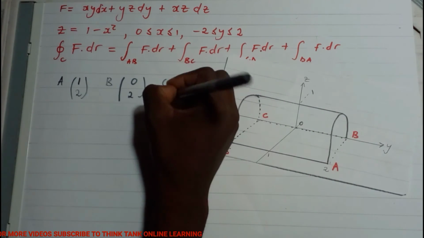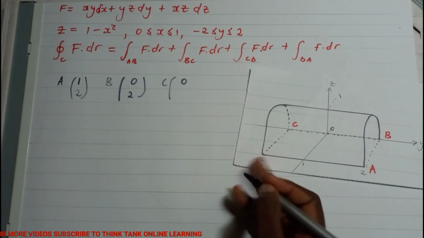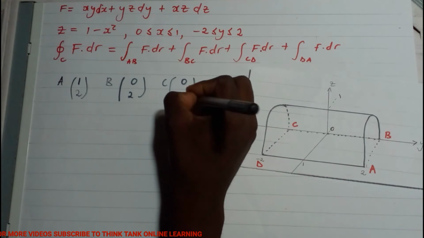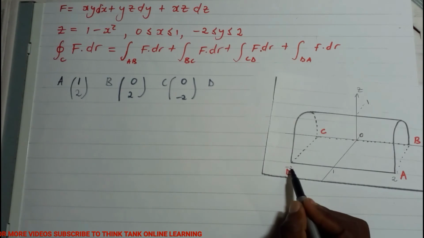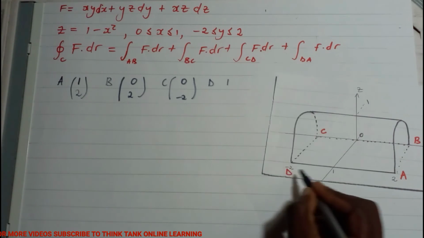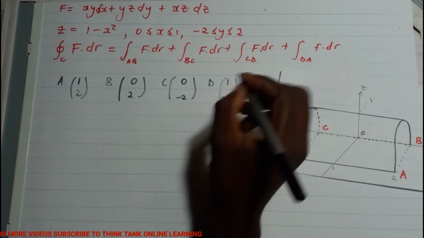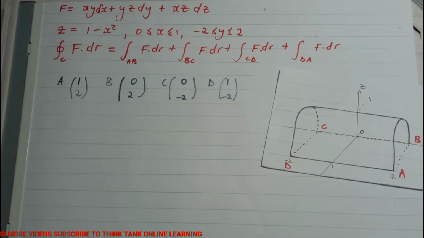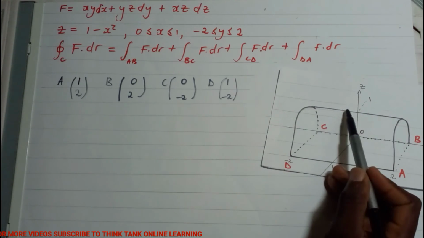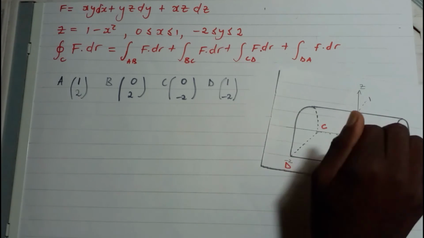Then for C, x is still 0, y is now -2. And for D, x is now 1, y is -2. You should remember z was 0 for all of these. We're not going to perform this line integral on the ends, because this is not a line; it's a closed curved surface.